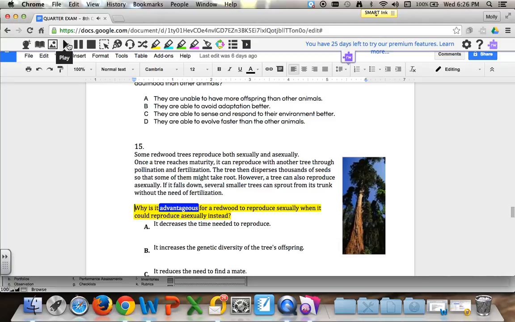Why is it advantageous for a redwood to reproduce sexually when it could reproduce asexually instead? A. It decreases the time needed to reproduce.